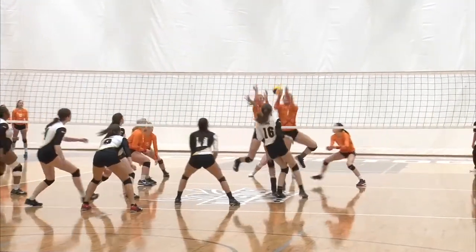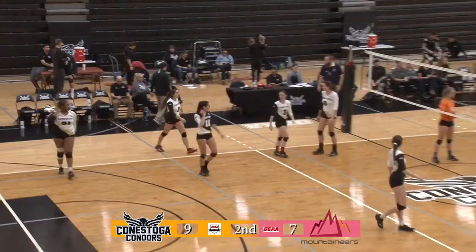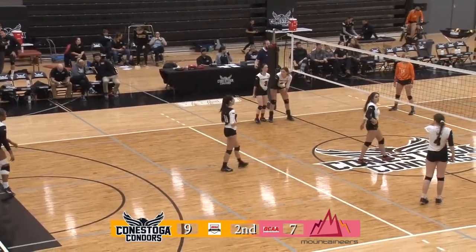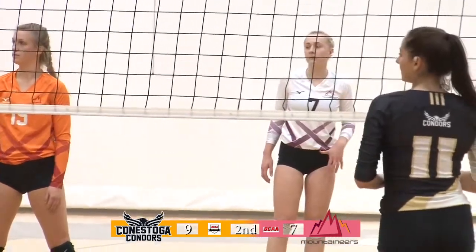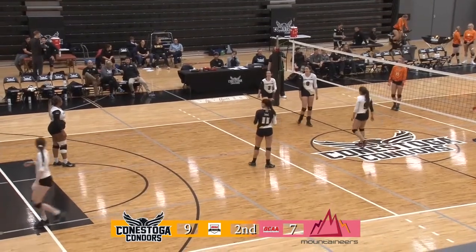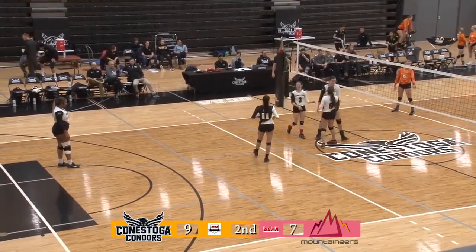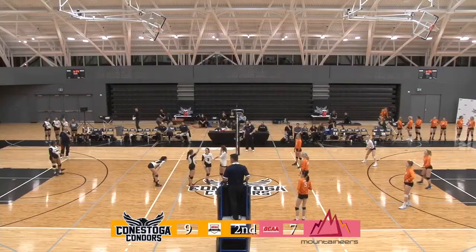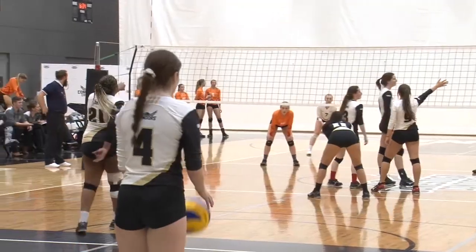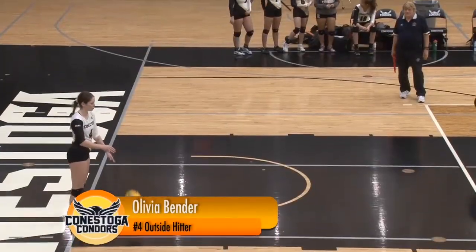As you see here, 16 Conestoga with a strong spike. Martina Magna, she is a very strong player from Conestoga. Those spikes are a little easier for her too, because she is a taller player. And Olivia Bender serving for Conestoga.